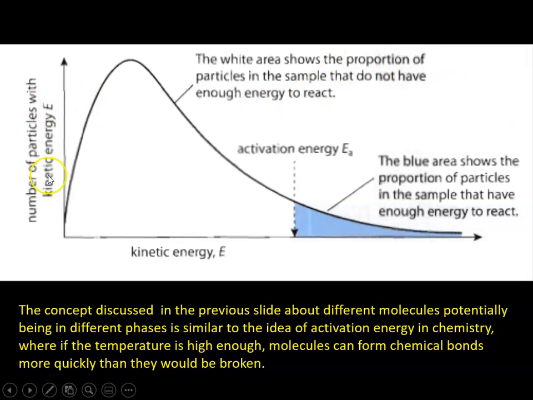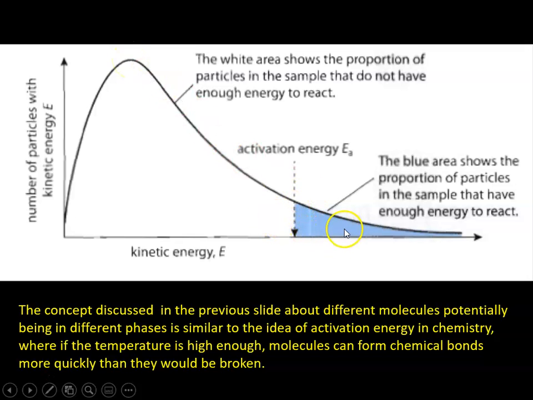You have this Maxwell-Boltzmann velocity distribution, and the idea is that some of the molecules have enough kinetic energy that they are above what you would normally think of as the boiling point, where this mark would be the average kinetic energy of something that would be boiling. Here, the vast majority of the molecules are far below that, but some of them are above that.